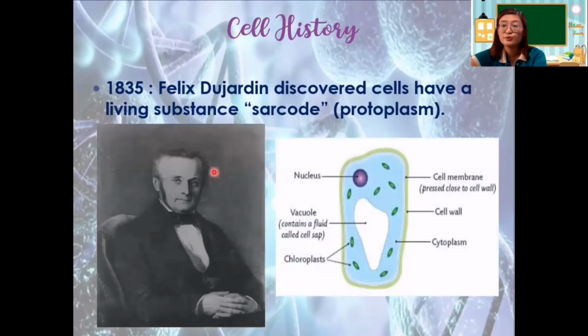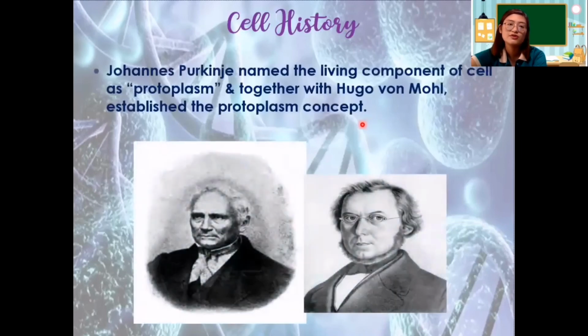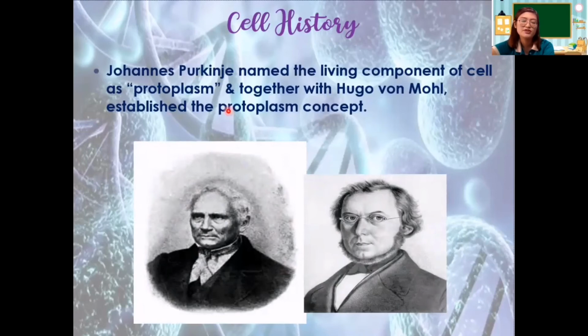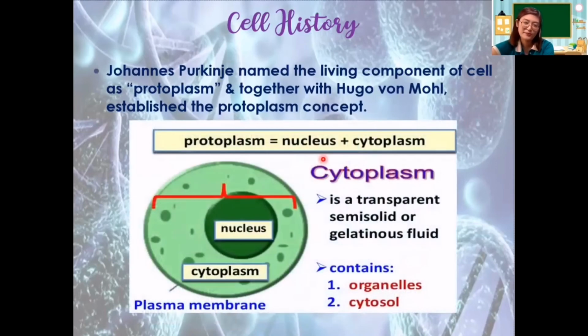Okay, so what is protoplasm? Protoplasm was actually further discussed by Johannes Purkinje. He was the one who named the living component of the cell as protoplasm, and together with another scientist, Hugo von Mohl, established the protoplasm concept. But what is exactly a protoplasm? So this is the protoplasm.